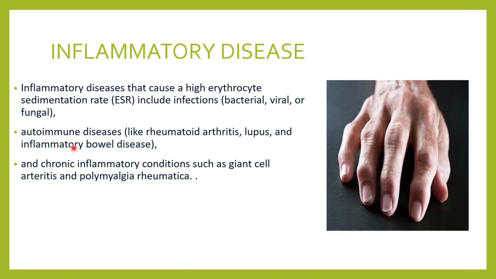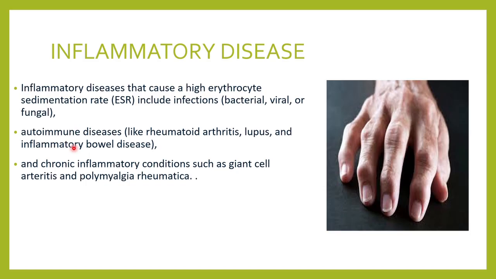Now, what are the causes for increased ESR? In which clinical conditions we suspect increased ESR? I've told you ESR is a non-specific marker of an inflammation. So any tissue breakdown anywhere, it can be in your bones, in your joints, in your skin, in your lungs, in your heart, in your blood vessels, anywhere, any kind of an inflammatory process, any kind of a tissue breakdown can increase your ESR.